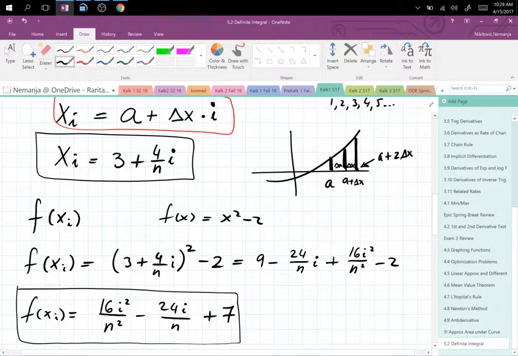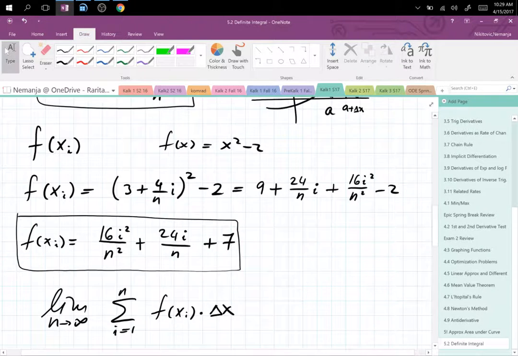3 plus 4i over n, squared, that's the x squared, right? And then you have minus 2. So 3 squared is 9. 3 times 4 is 12. Double that, 24. Oh, why do I have a minus there? That's a plus. Okay, so if that's a plus, that's an easy fix then.